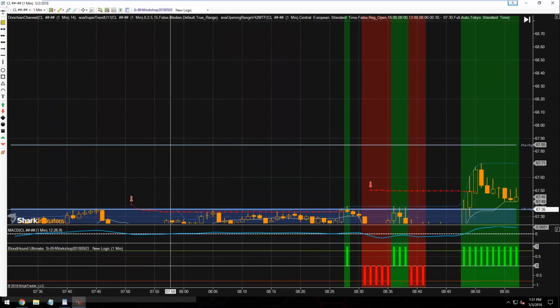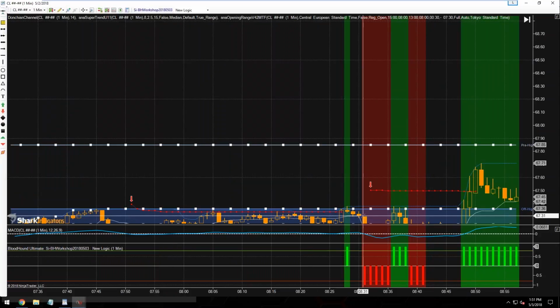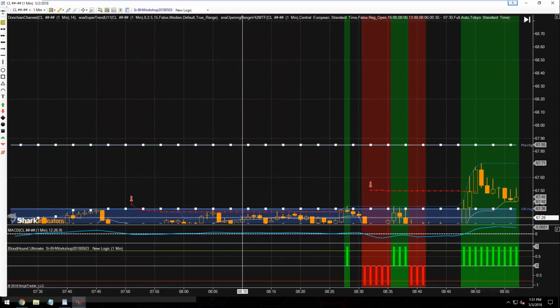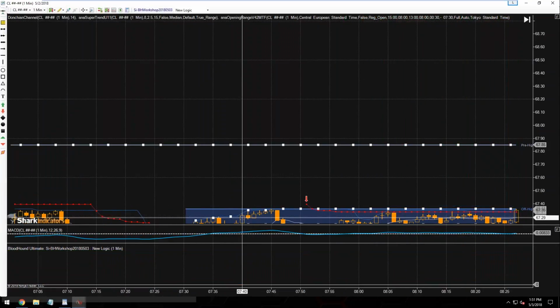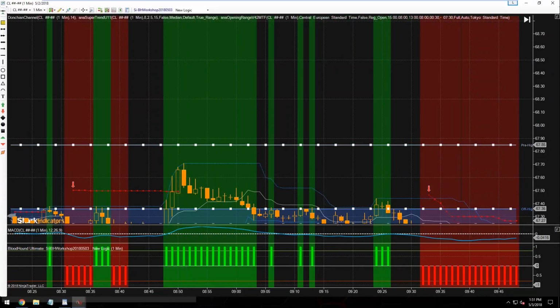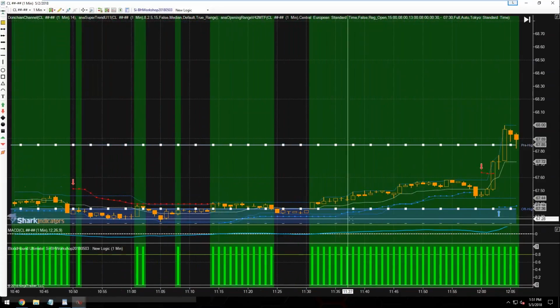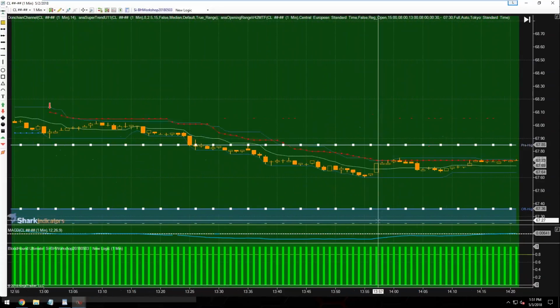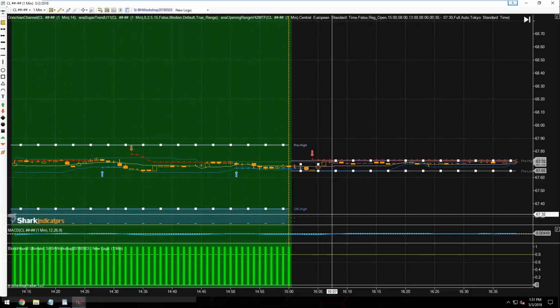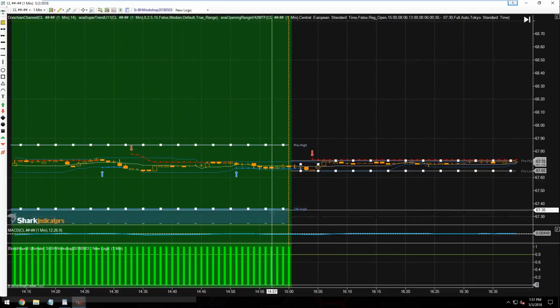All right, yeah, so here's the open range from yesterday. Yeah, it looks like it keeps plotting and plotting and plotting until it's closed anyways. I'm not sure what that setting does.